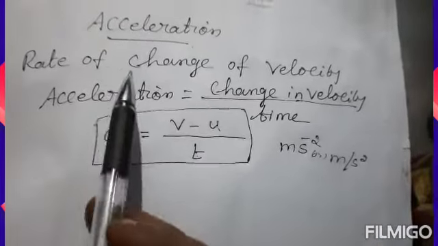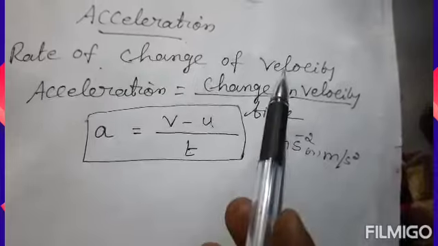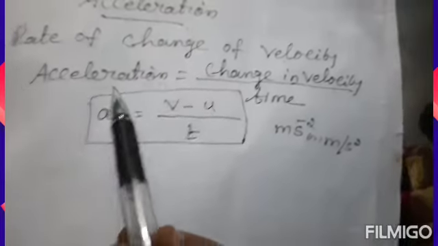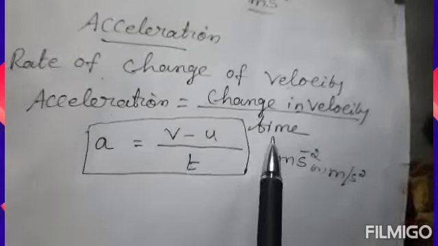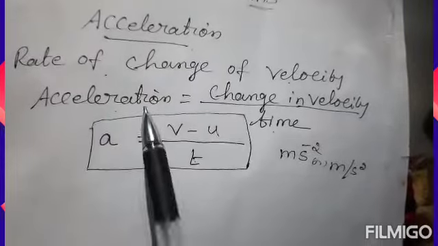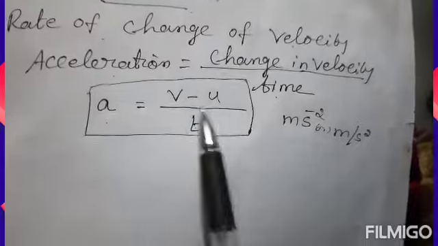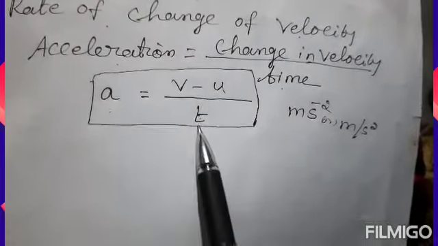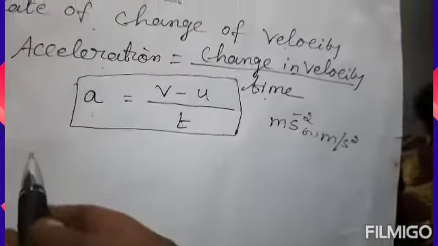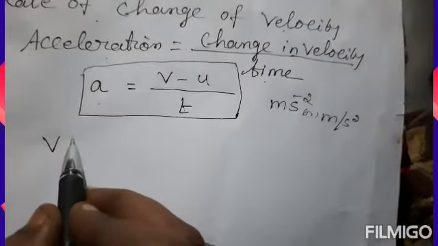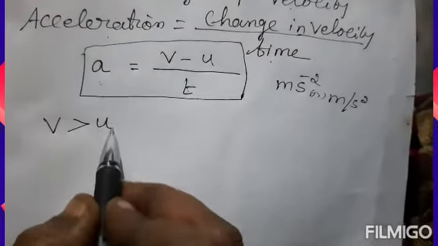So the acceleration is rate of change of velocity. The formula for acceleration is change in velocity divided by time. Acceleration is denoted by the letter a, final velocity v, initial velocity u, time t. Suppose here the final velocity is greater than initial velocity.